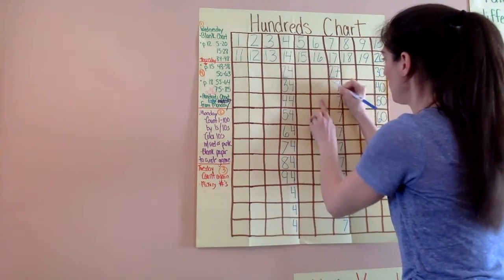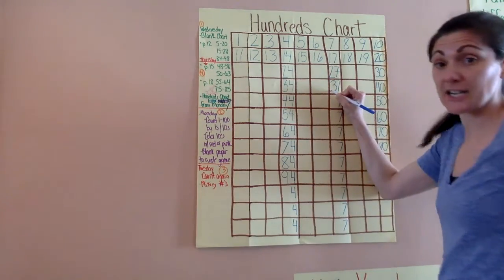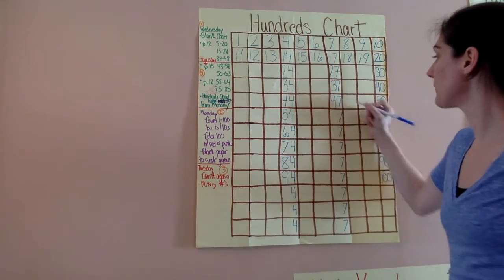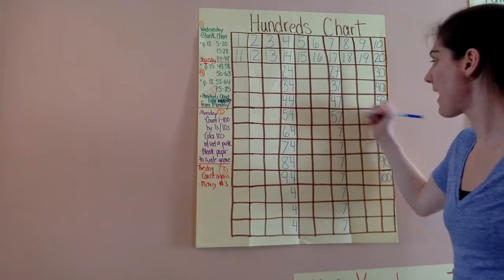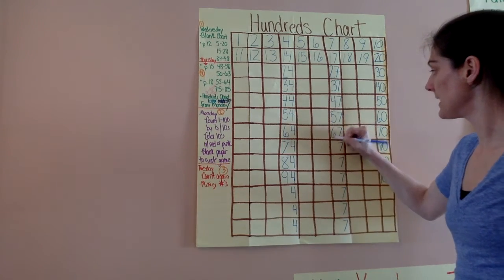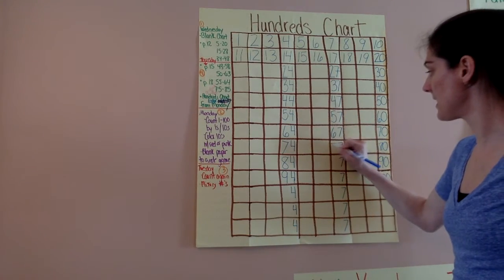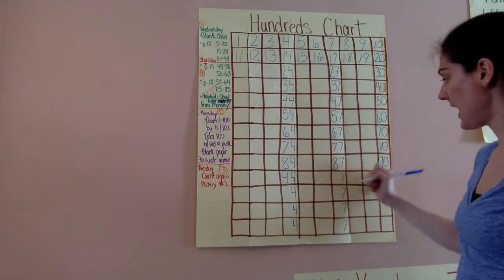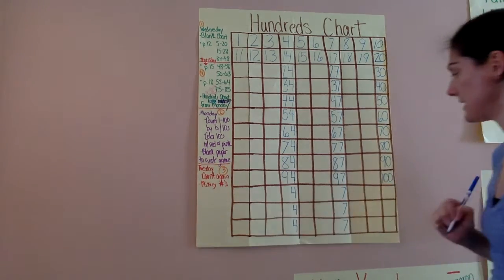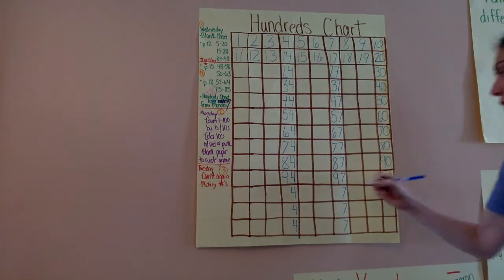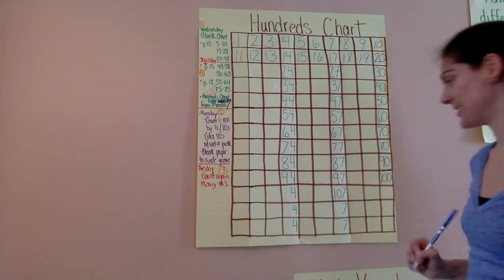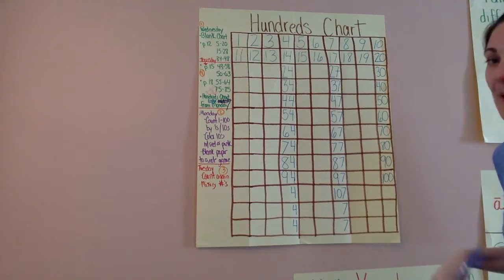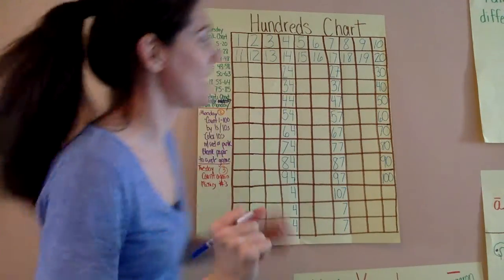So I have 1, 2, 3 makes 37, 4 makes 47, 5 makes 57, 6 makes 67, 7 makes 77, 8, 87, 9, 97. Then you could do 10 makes 107. All right, but again, I'm going to stop there because our goal is just to get to 100 right now.